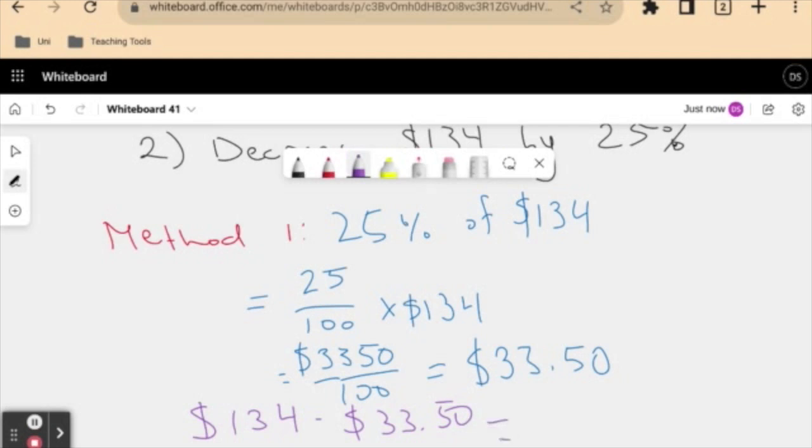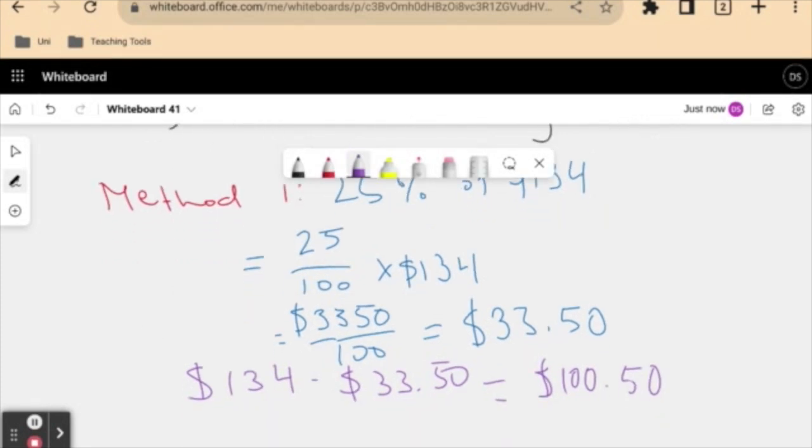And that will give me $101.50. Sorry, I'm just double checking that, ooh, good thing I checked. I'm just trying to do these too quickly in my head. We get $100.50. You can use a calculator to verify that, but that is how we got there using our first method.